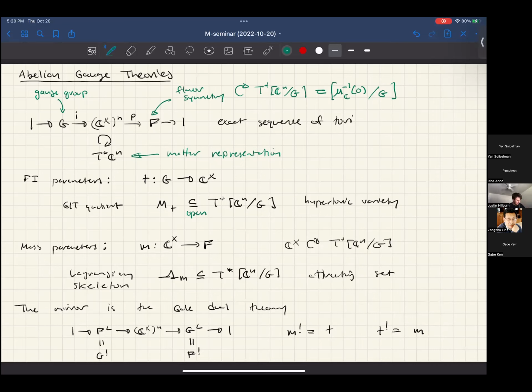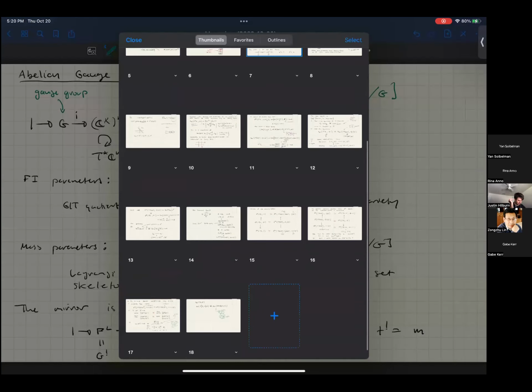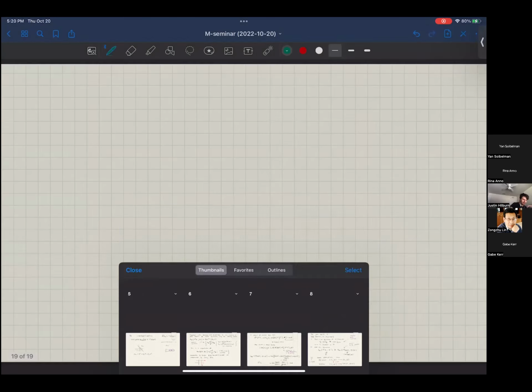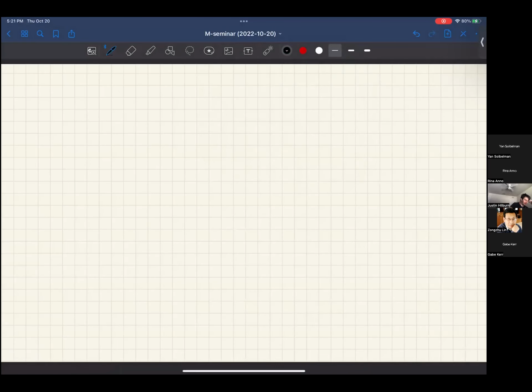All right, so let me try and say something a little bit more precise. This actually comes from a physical thing that we know.